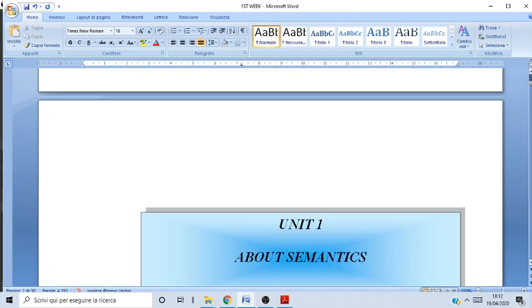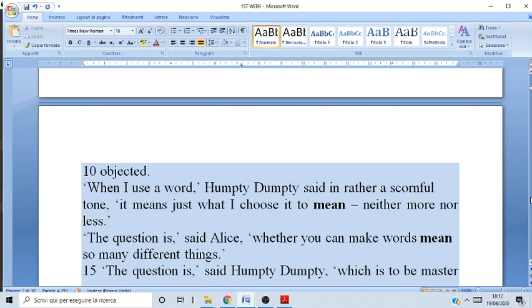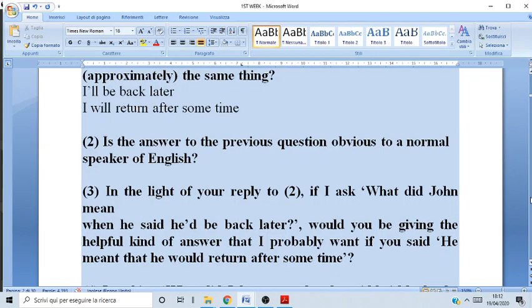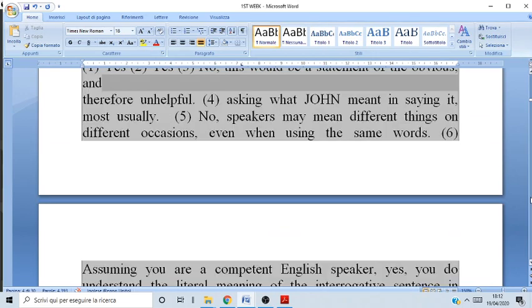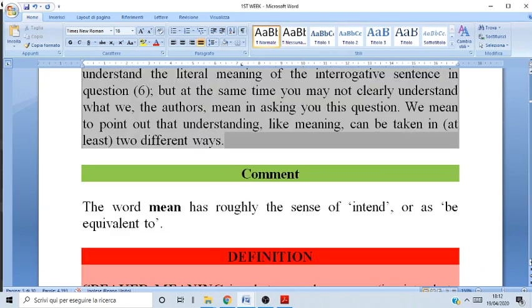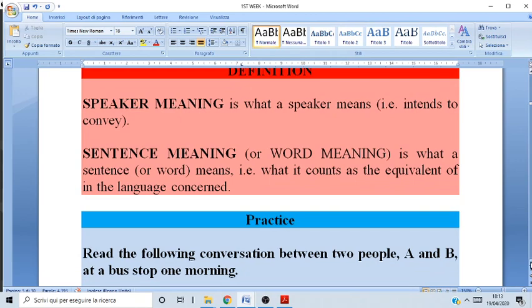Okay, so we looked at the meaning of the word semantics and the difference between semantics and pragmatics. We said that each word has 2 meanings. The word meaning, so what the word means per se, and the speaker's meaning. What is the meaning that the speaker gives to a word?